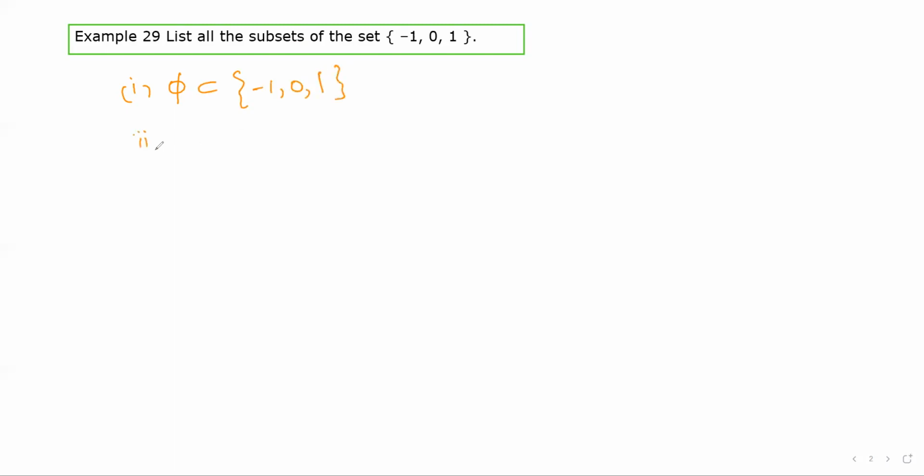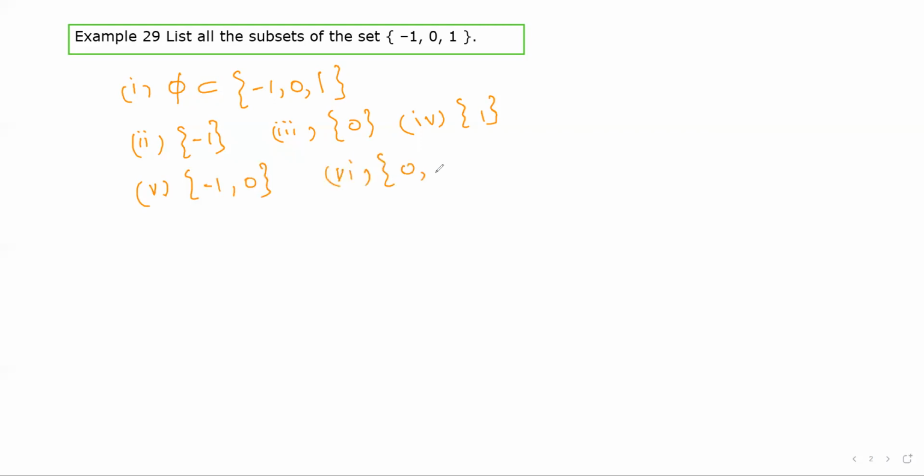Next, singleton sets, set of -1, 0, or 1. 3 elements, so 3 singleton sets. Fourth, double sets or 2 elements out of these 3.